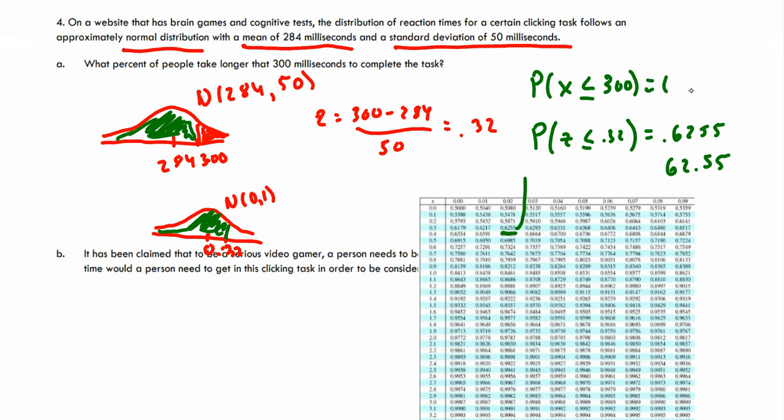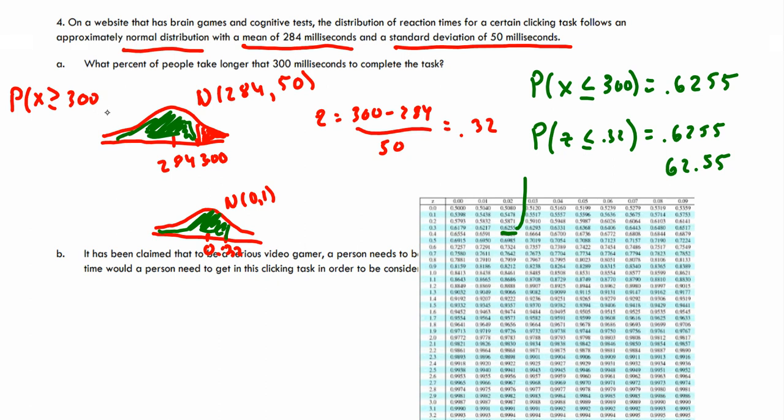What I'm looking for is actually the values that are greater than that. So in order to answer this question, what is the probability of x being greater than or equal to 300?